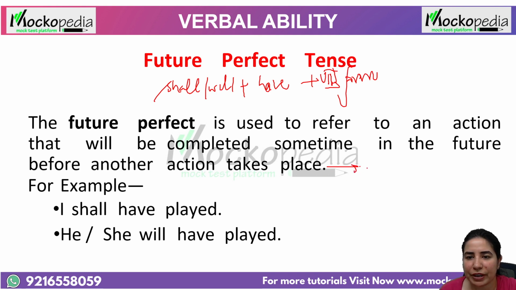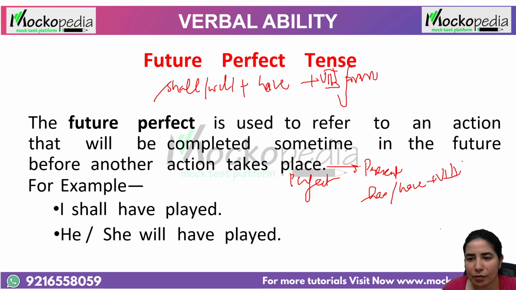perfect forms. So when we talk about present perfect, we are already talking about perfect. So perfect will be has or have plus verb third form. Past would be had plus verb third form.